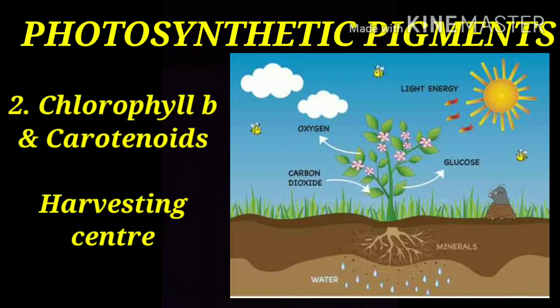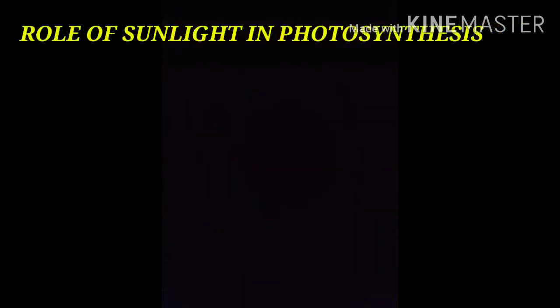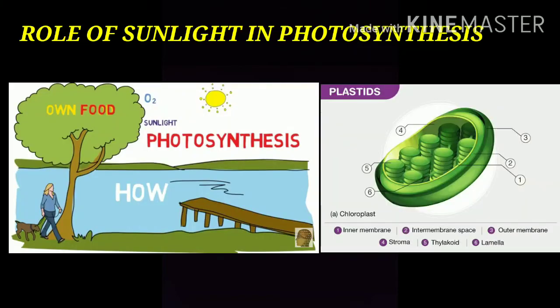So it is called the harvesting center. Then the reaction centers, primary pigments and harvesting centers, the accessory pigments together called the photosystems.